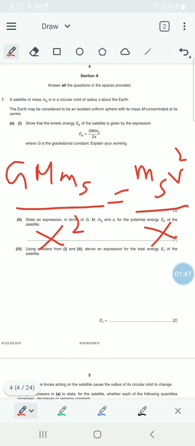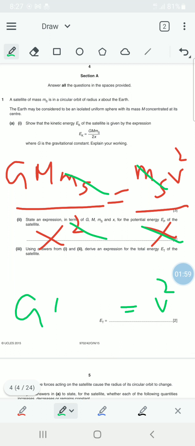When we simplify this, the squared x gets cancelled, the masses get cancelled, and you are left with v squared equals GM upon x. But this is not our answer. They are asking for kinetic energy.